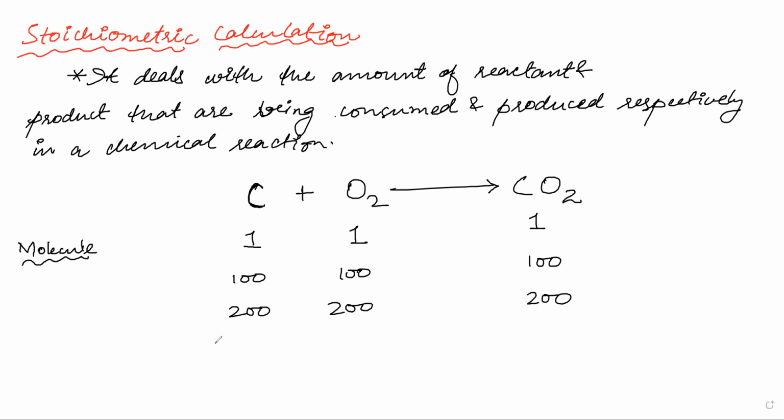Now, if I have 6.022 into 10 to the power 23 carbon, 6.022 into 10 to the power 23 oxygen, then how many carbon dioxide? The same amount, right? 6.022 into 10 to the power 23 carbon dioxide molecules, right?